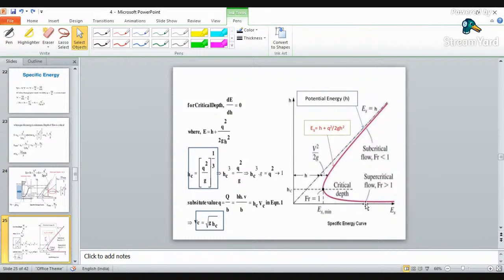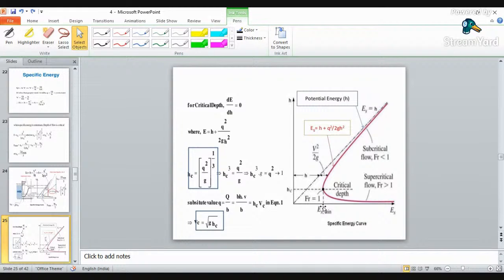For every energy you will have two depths. One is on the lower energy branch, another is on the upper branch. So these two depths will be termed as alternate depths. But where you have the minimum energy, at that point you have only one depth, and that depth is termed as your critical depth, and that critical depth is always associated with the minimum energy.